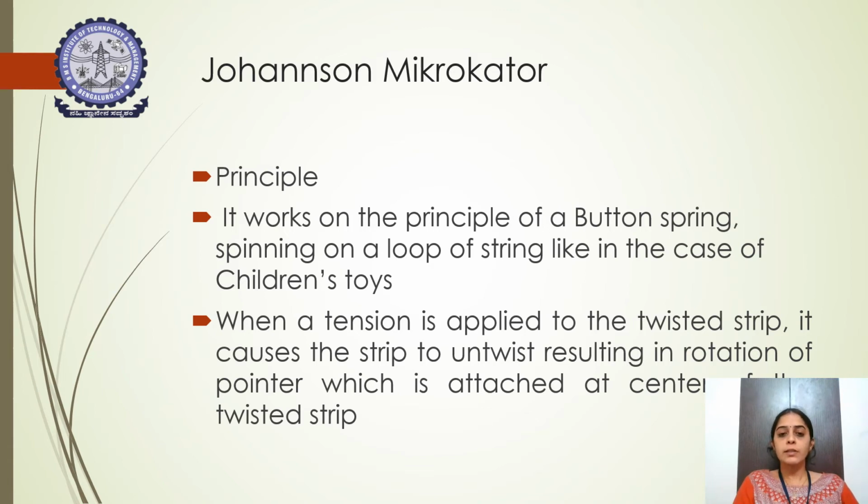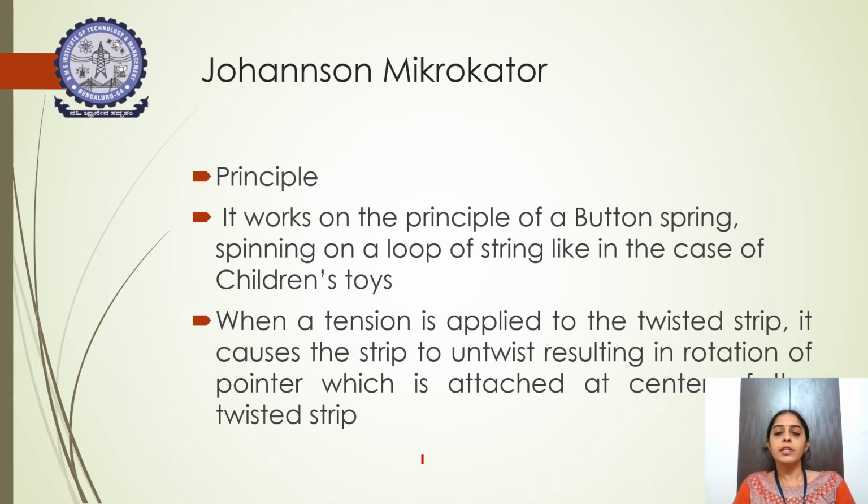Many toys spin with a particular loop with the help of a string. That spinning movement, how it comes across by the loop of a string in a children's toy, the same concept is used in the Johansson Mikrokator comparator.